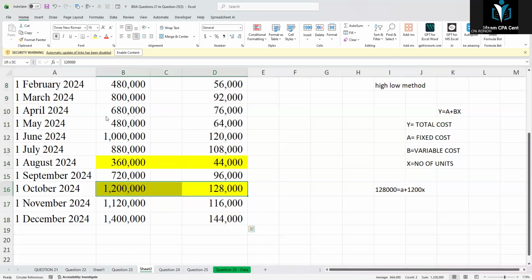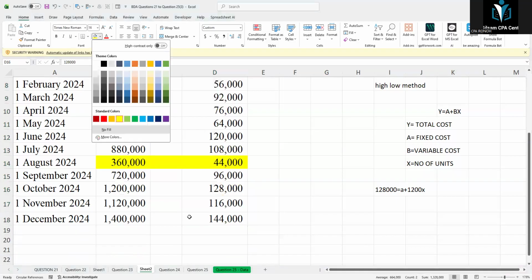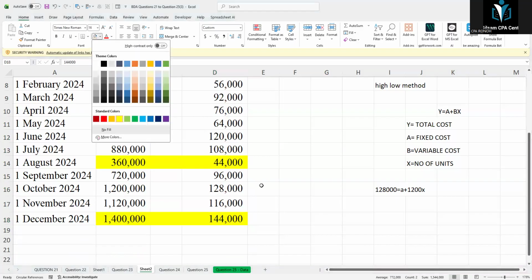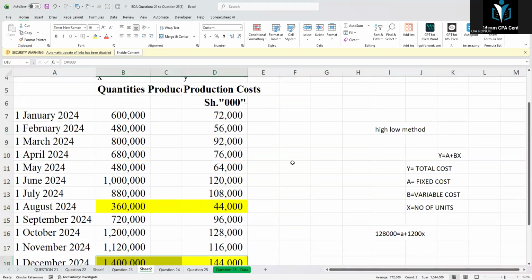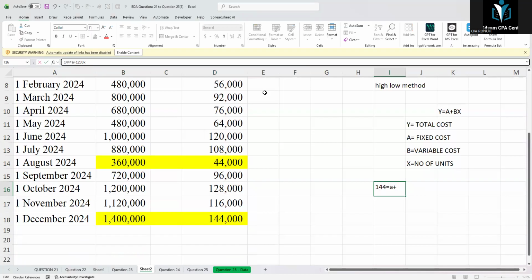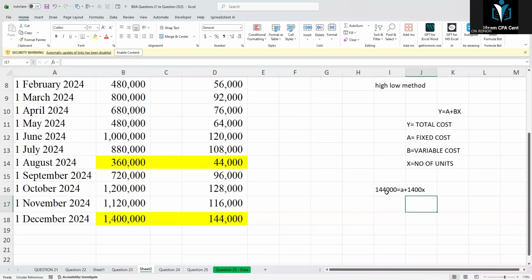There is 144 here. So actually the highest is 144, not 128. So it will be 144,000 equals a plus 1,400x.